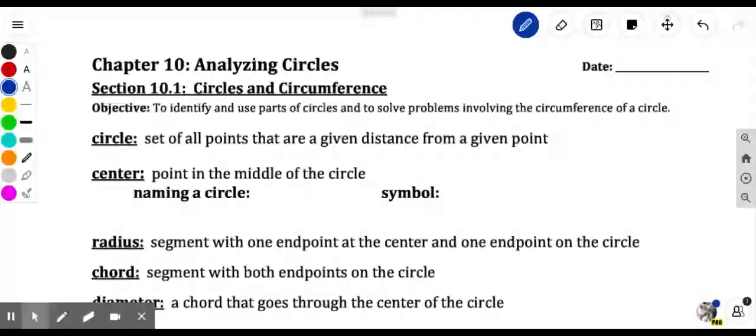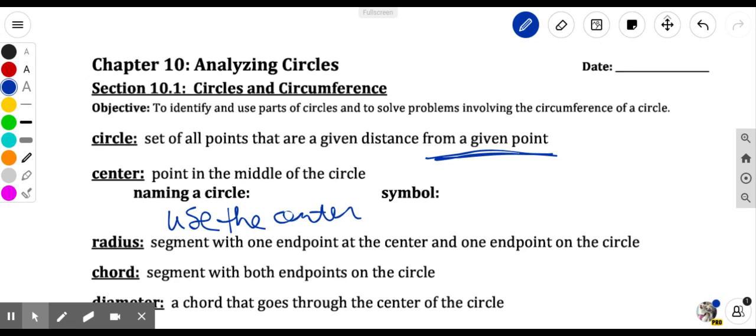All right. The next thing is the center. That is that center point where it says from a given point. The center is just the middle of the circle. We name the circle using the center point. So the symbol for a circle is just a circle with a little dot in the middle.